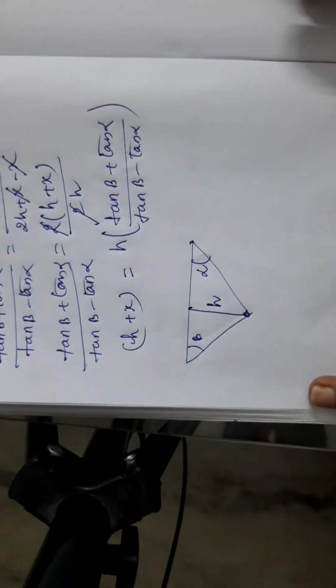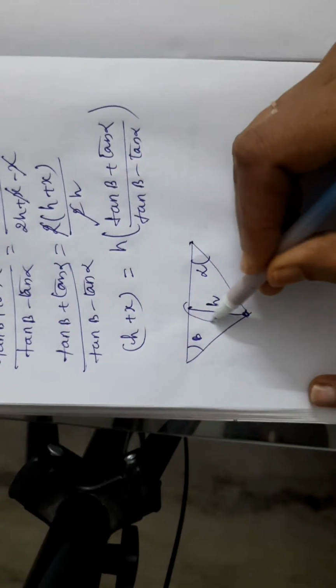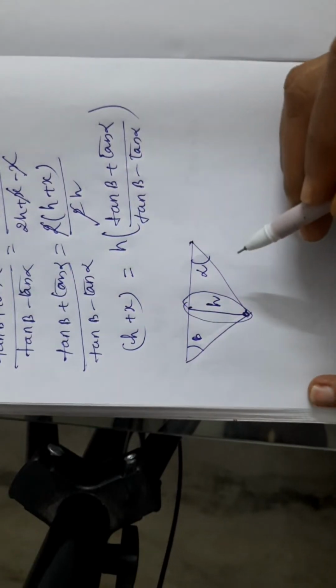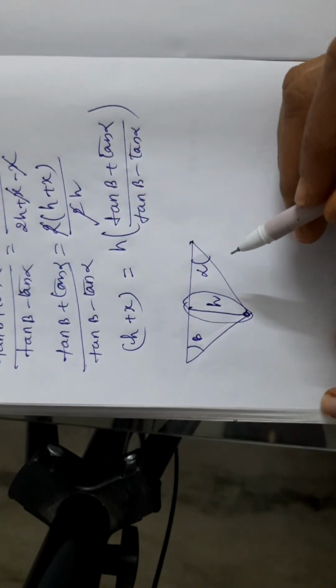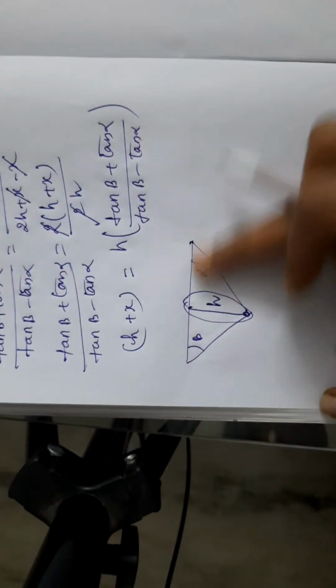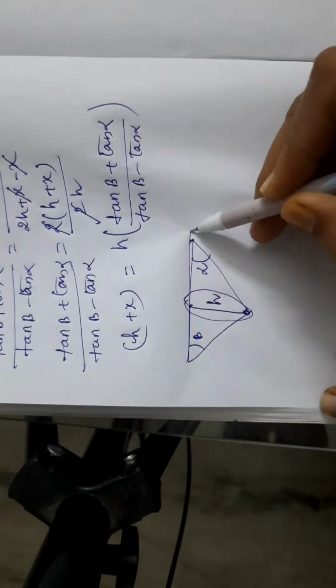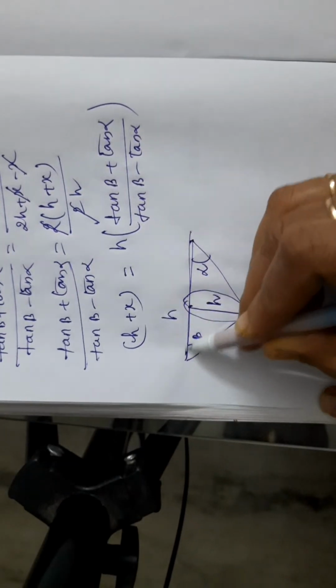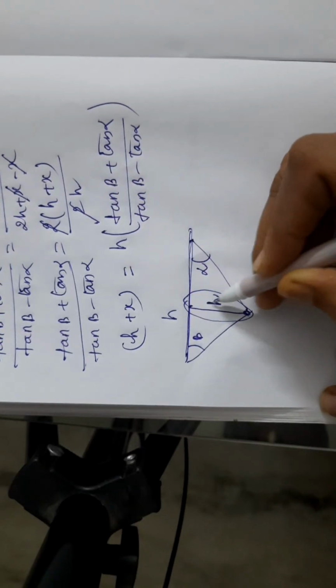We need to prove the height of the bridge above the temple. So this height we need to prove. A bridge across the valley is h meter long. So the bridge is h meter long, this value is given. The complete length is given as h, so we will consider the height as something else.